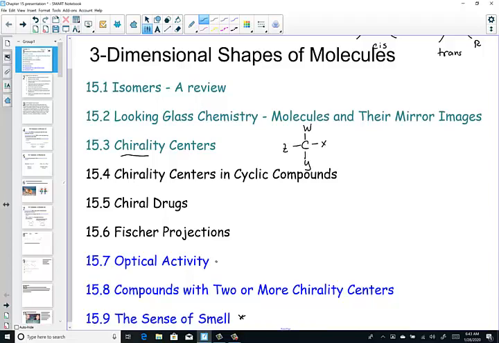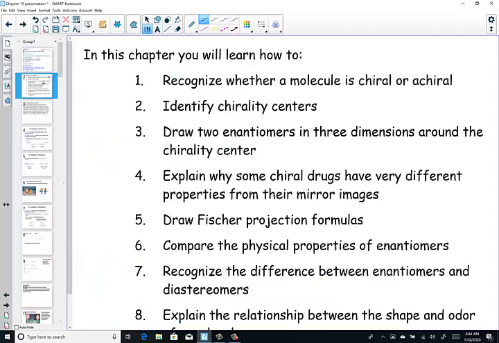So focusing on the view of biomolecules and organic molecules from chiral centers, those centers that have four unique attachments around a carbon, we're going to learn how to recognize whether a molecule is chiral or achiral. You'll be able to identify any chiral centers by looking at the carbons and seeing what they're attached to. Do they have four unique attachments?